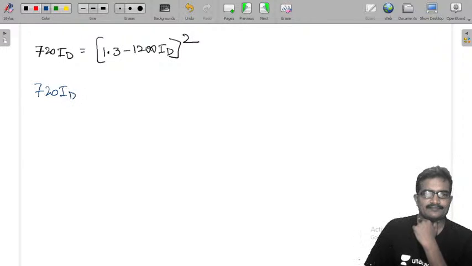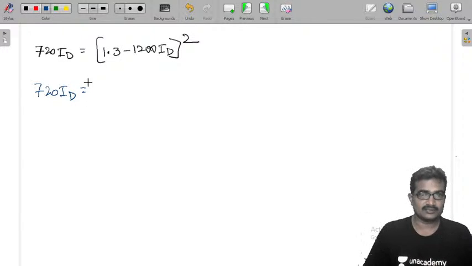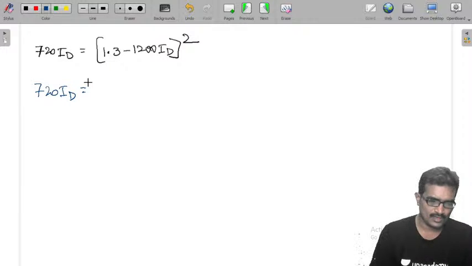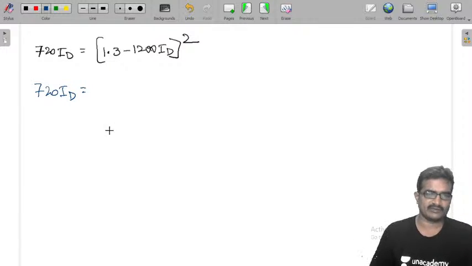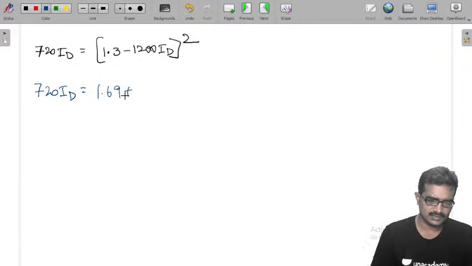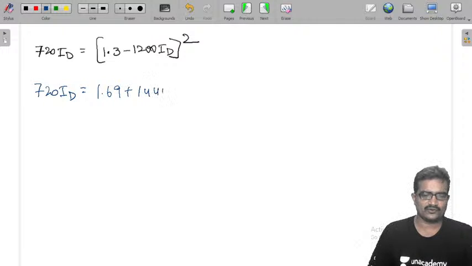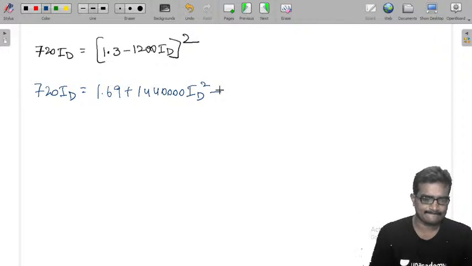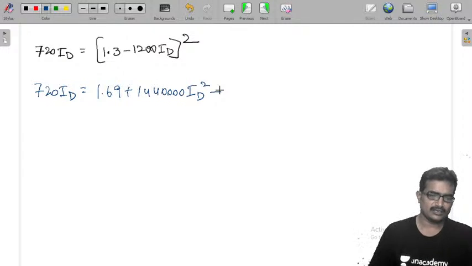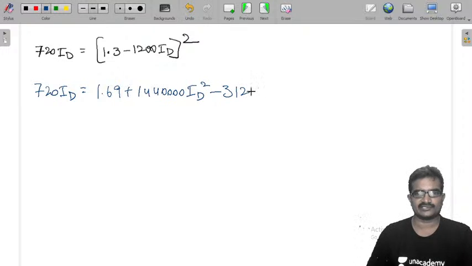720 ID equal to 1.3 square, which is 1.69, plus 1200 square is 1440000 ID square, minus 1200 into 2 into 1.3, it is 3120 ID.